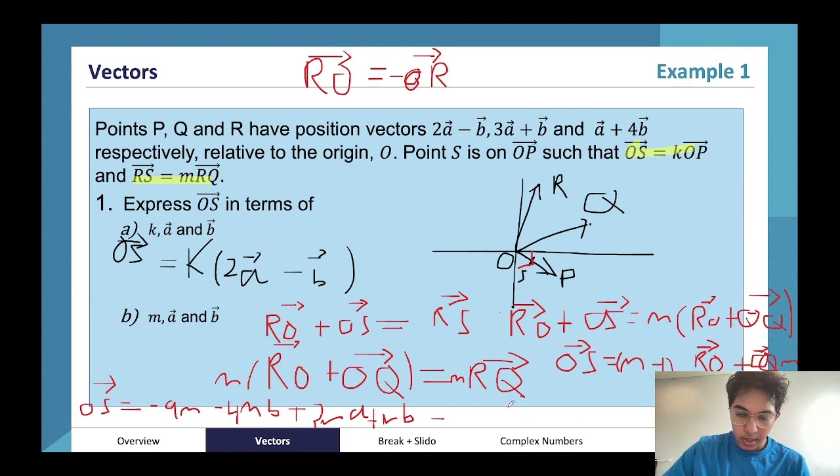So minus RO is plus A plus 4B. If I simplify that, I should get 2MA, 2M plus 1.